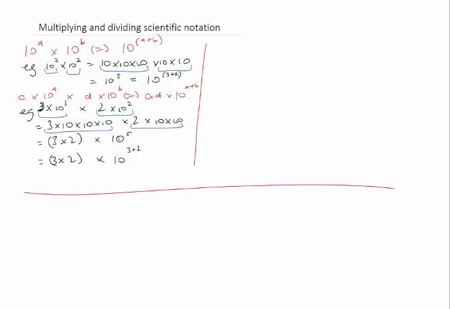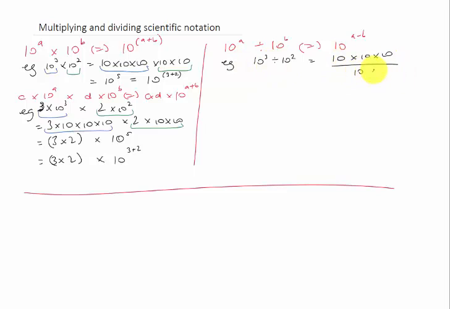Right, so division is the same idea, quite similar. Let's imagine we've got 10 to the power A divided by 10 to the power B. That is equivalent to 10 to the power A minus B. So we're subtracting instead of adding, but it's the same general concept. For example, 10 to the power 3 divided by 10 to the power 2 would be 10 times 10 times 10 over 10 times 10, because the fraction line is the same as a division.